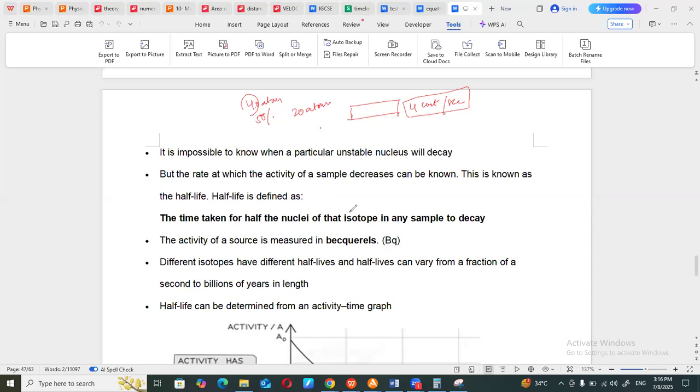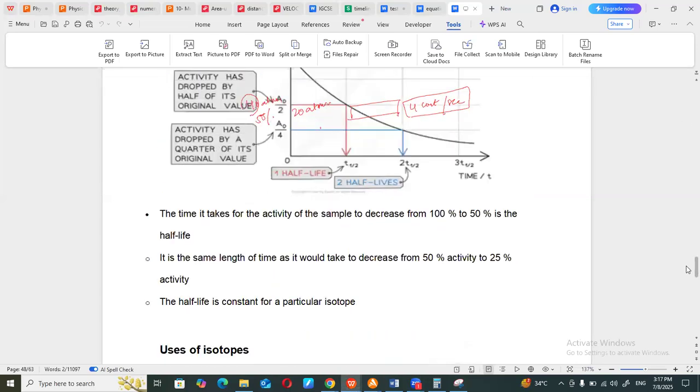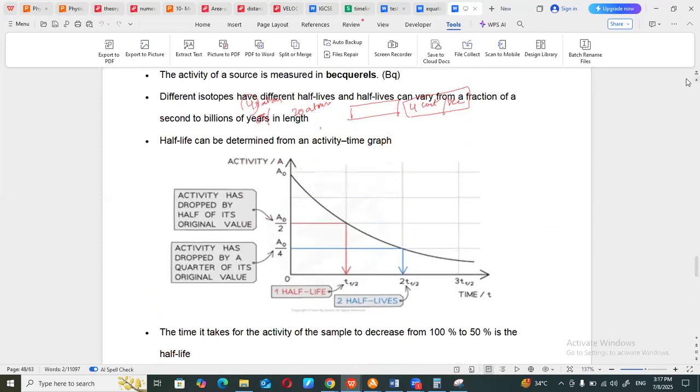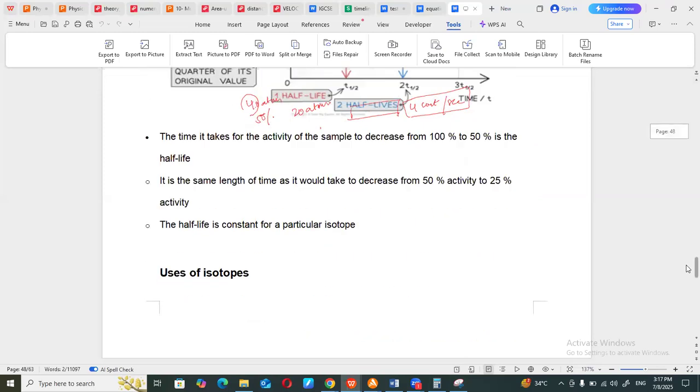The unit is becquerel. There is another definition as well, which is also very important. It's for the activity, because activity generally means that something is decaying. Let's suppose initially the activity is 4 counts per second, and when it reduces to 2 counts per second, that time duration is called the half-life of the material. So the activity reduces to half, or you can say the quantity reduces to half.